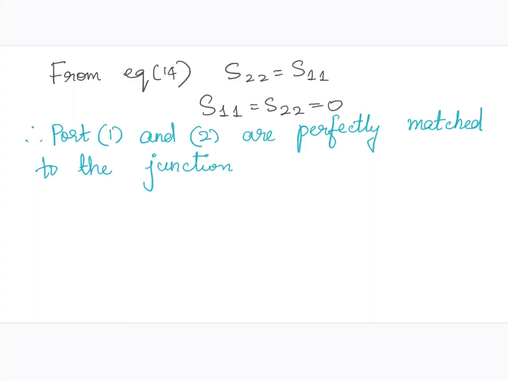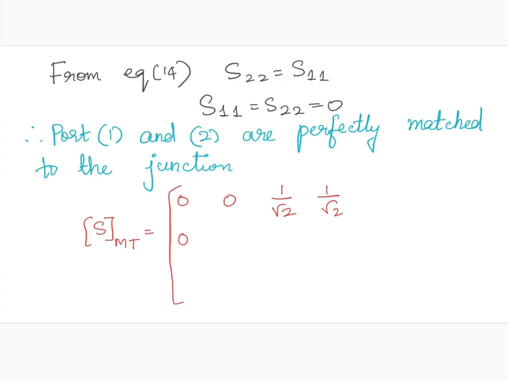So now we have found out all the terms. So we can write the final S matrix. So that will be equal to, of magic T, which can be written as, S11 is equal to 0, S12 is equal to 0, S13 is equal to 1 by root 2, S14 is also equal to 1 by root 2.